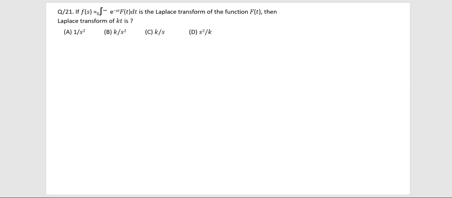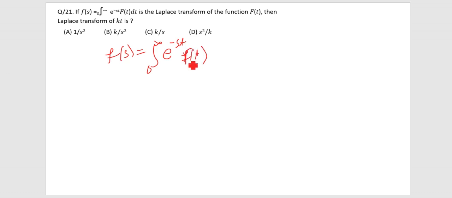Okay, so next question is from Laplace transformation. One function F(s) is given. The Laplace transformation is given by the equation, already given, 0 to infinity e to the power minus st f(t) dt.